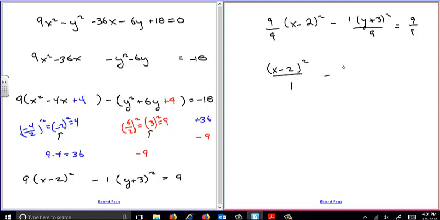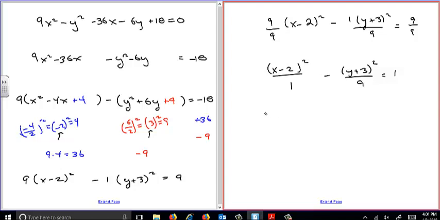Then we'll subtract y plus 3 squared divided by 9. Here we had 9 over 9, and that's equal to 1. So I can go ahead and take the 1 off of there. I just wanted to show you where that 1 becomes the denominator of this thing. So now it's in standard form.